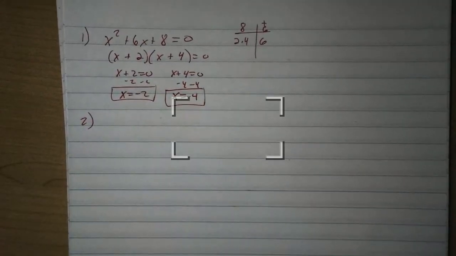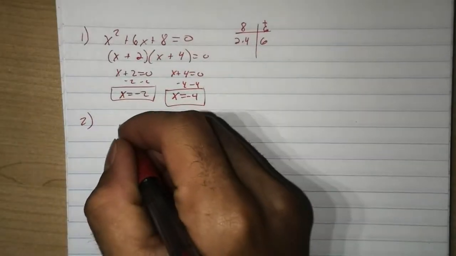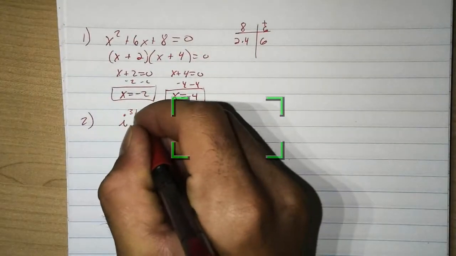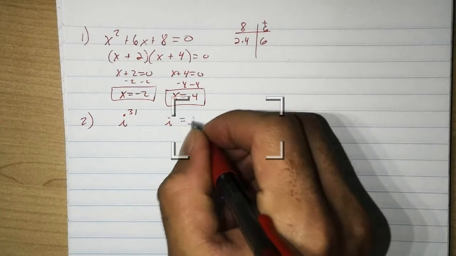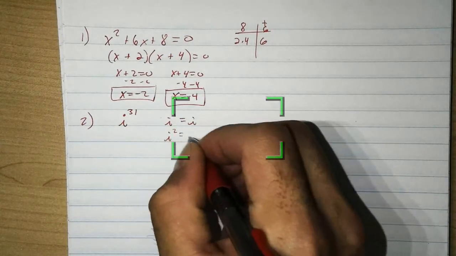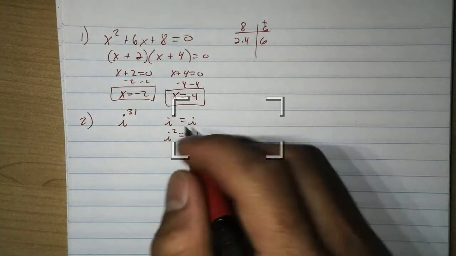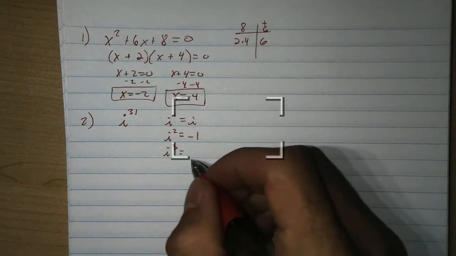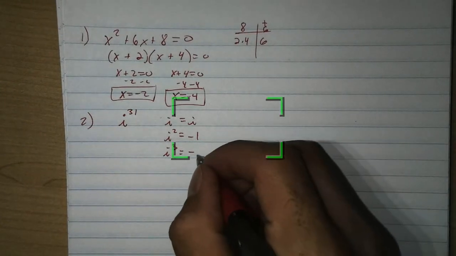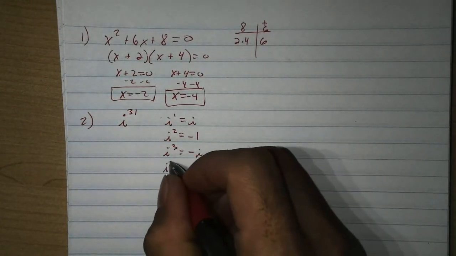Number 2, i to the 31. We have to remember that i equals i squared, i to the third equals negative i, and i to the fourth equals 1.